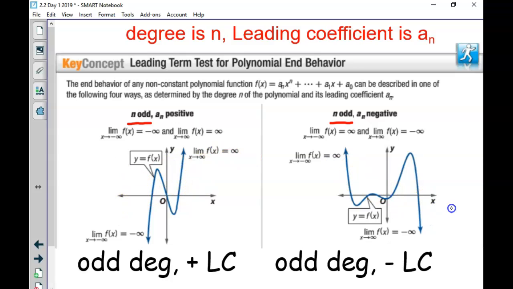Everybody good? All right, if it's positive, like an x cubed, it could have some stuff going on in the middle, but the left end will always be down. If it has a negative out front, the left end will be up. And then what they're trying to show you is that we can have some gobbledygook going on in the middle now.